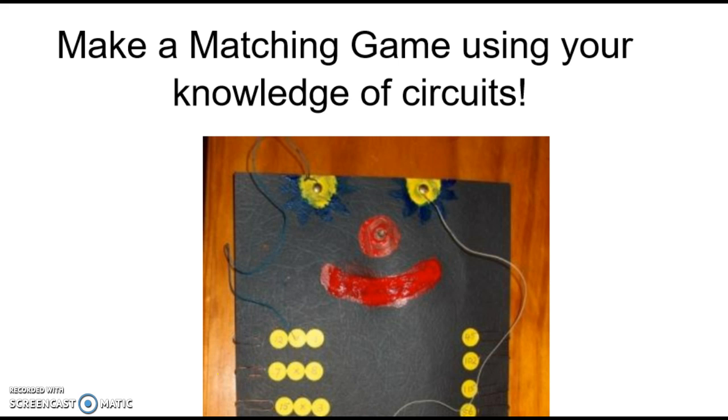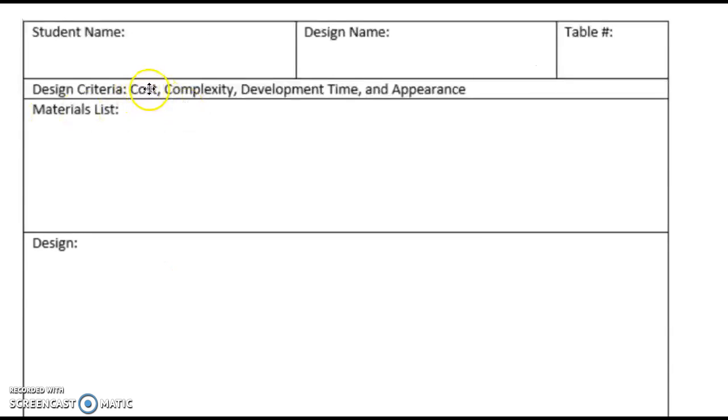So once again, our challenge is to make a quiz game. When you attach one side, the correct question, with the correct answer on the other, we get a light to light up and we know that the answer is correct. You can use any of the wires or batteries or bulbs that we've used in our circuits. You can also use other materials. But again, we have to worry about the cost, complexity, development time, and appearance.